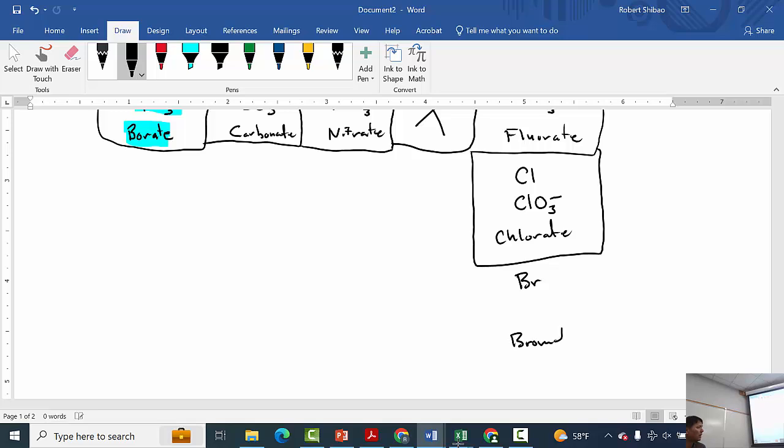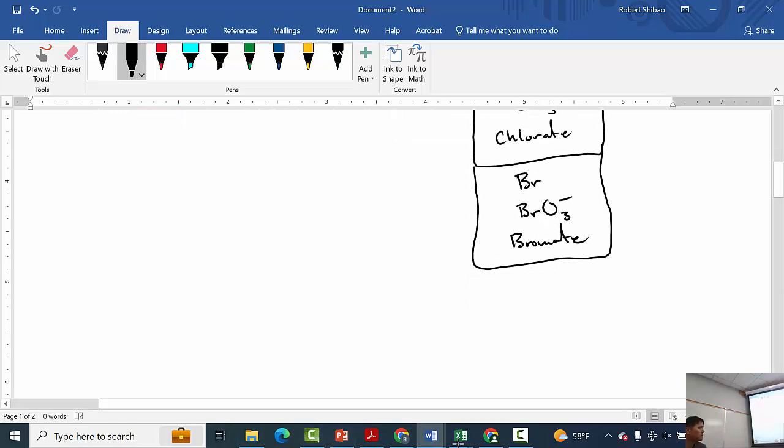So we're going to look at bromate. How many oxygens do you think bromate has? 3. And its charge? It's actually negative. Again, it's bromate. And then we'll just do one more. I stands for iodine. And from that we can get iodate. Iodate is going to be IO3 minus, yeah.